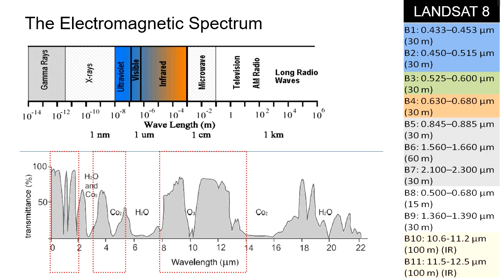And there is hardly any transmission of energy in the range from 22 micrometer to 1 millimeter, so that area is not shown in this image. The more or less transparent range beyond 1 millimeter is the microwave range. That is the active remote sensing. Here we are talking about passive remote sensing.